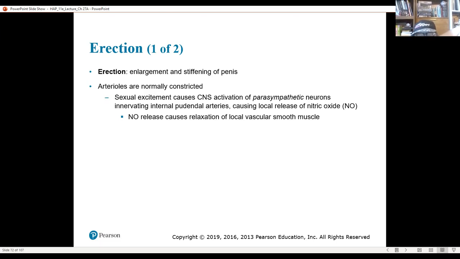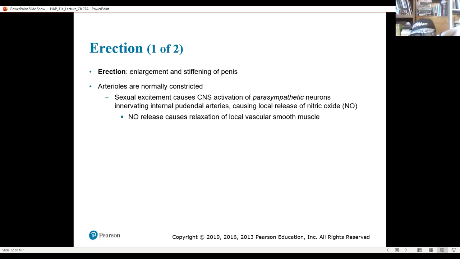That will innervate the internal pudendal arteries, which will release nitric oxide. Nitric oxide will cause these vessels to vasodilate, and that will cause relaxation of the local vascular smooth muscle.